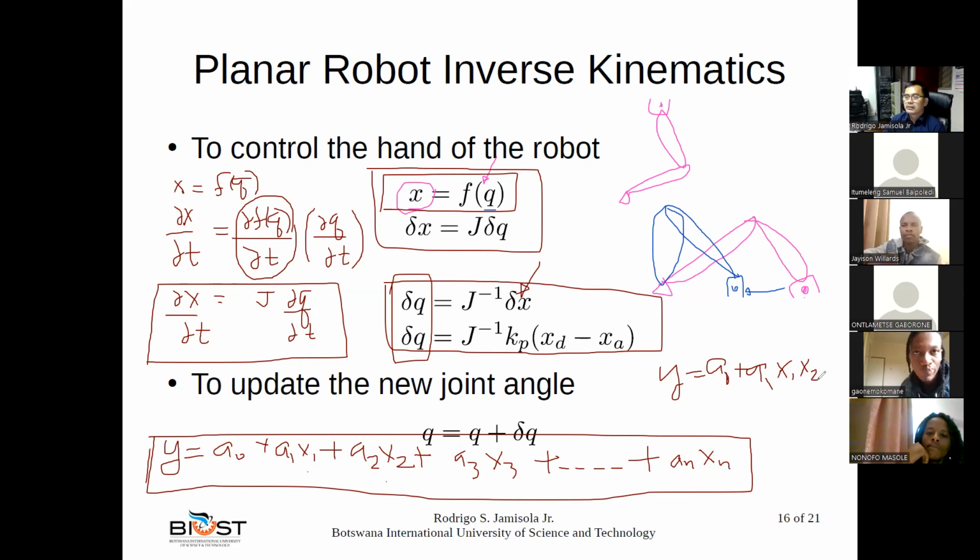In that case, if your x1 is zero and x2 is not zero, it can only be zero if all the coefficients are zero. It's the same as this one, but in this case they're coupled together, so they are not independent of each other, and this is not a linear expression.